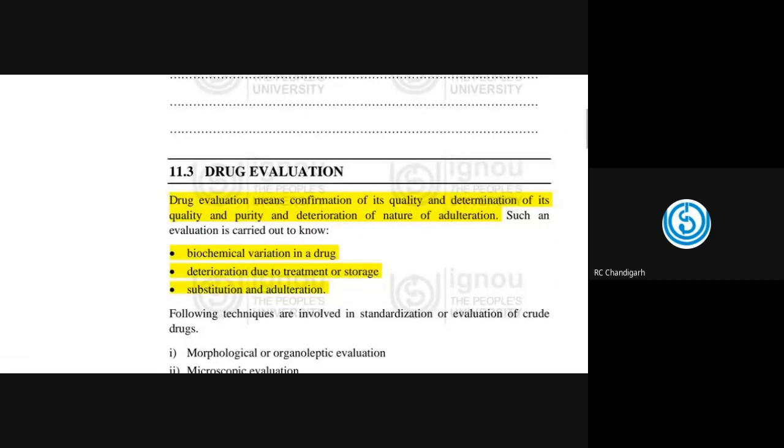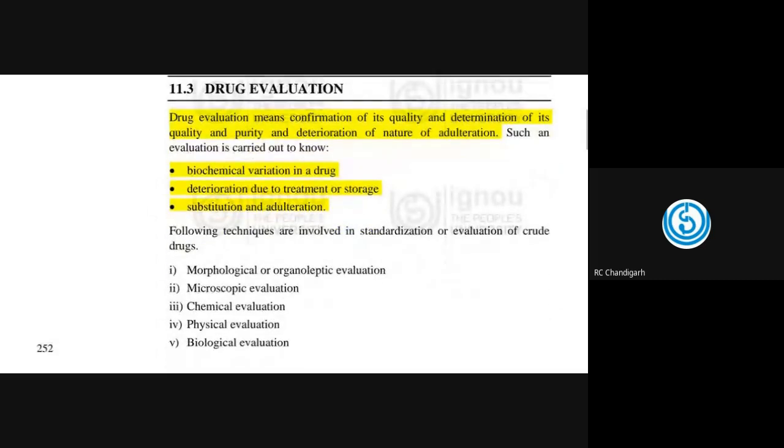Drug evaluation means confirmation of its identity and determination of its quality and purity, detection of the nature of adulteration, such as biochemical variation in a drug, deterioration due to treatment or storage, and substitution and adulteration.